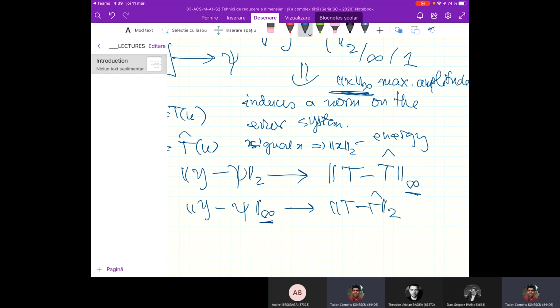So infinity norm means maximum amplitude. For instance, this is X, this is T, and this is the infinity norm of X, the maximum amplitude, the largest value that the signal can take in absolute value.